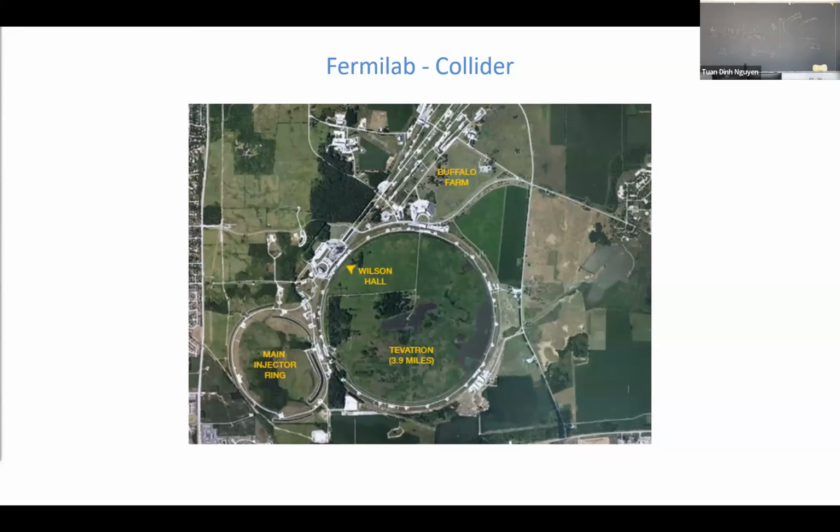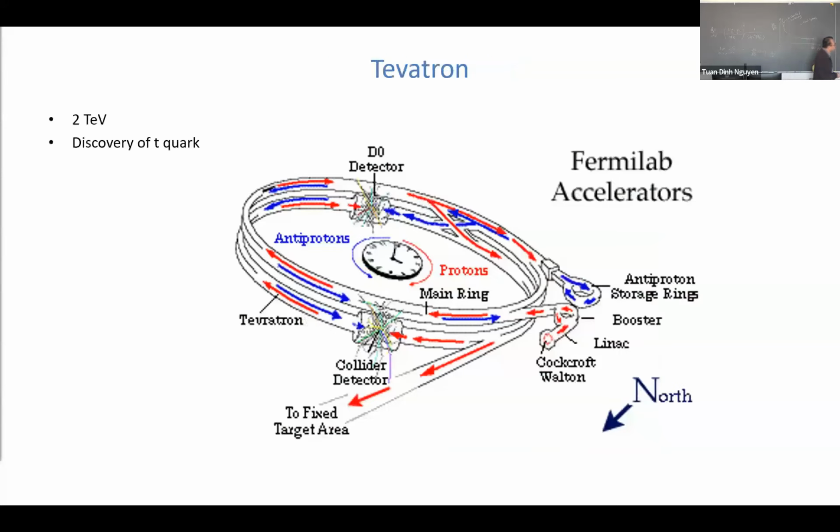And so a collider is basically two synchrotrons together, timed such that they collide. Now, none of these beams are continuous. They're just bunches, right? Once you can make a bunch, you accelerate that one bunch only, and then you time it so that they collide at the right time, at the right place, basically at the center of your detector.